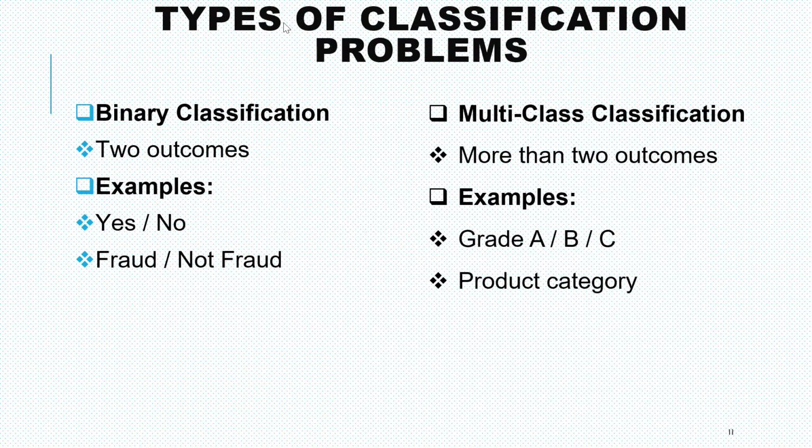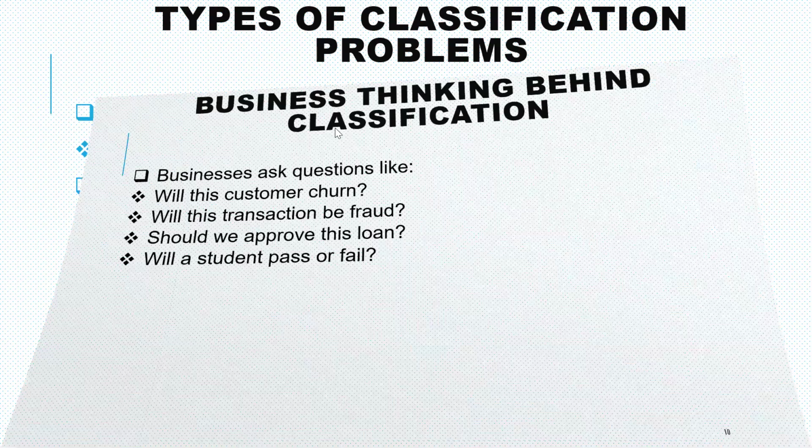We must also know that we have two types of classification models. When you look at this one, will this customer churn? The outcome will be what? A yes or no, isn't it?